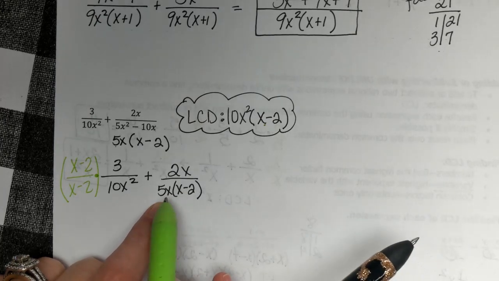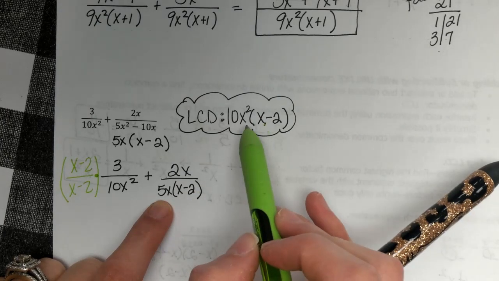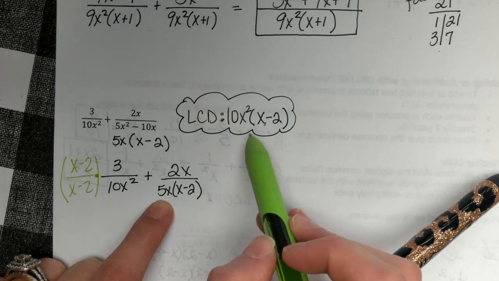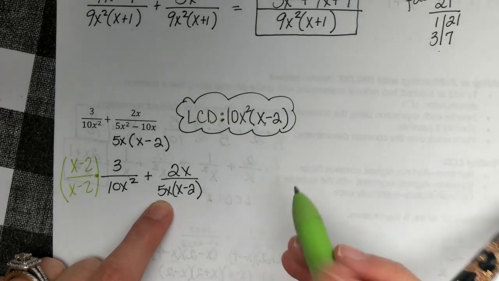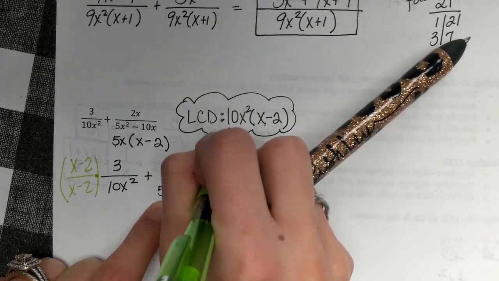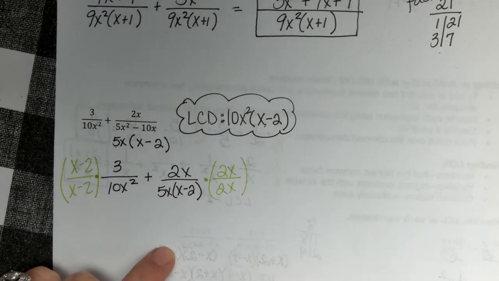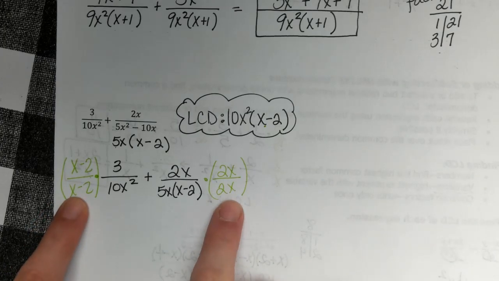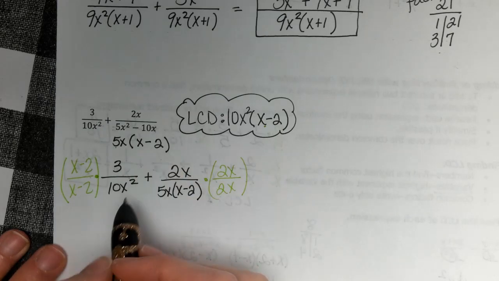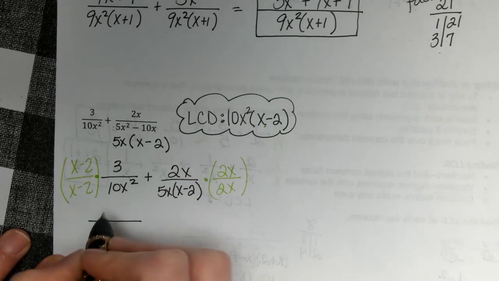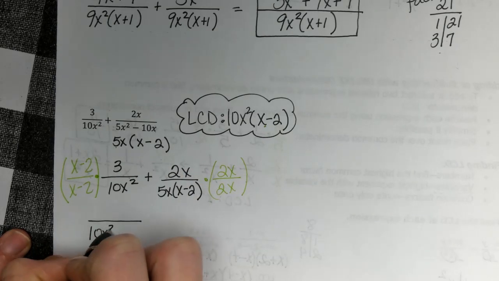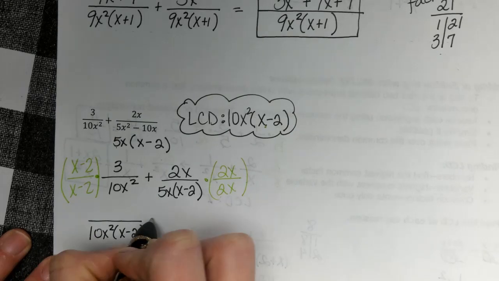And then 5x times x minus 2 compared to 10x squared x minus 2. What am I missing? What do I need to multiply by? 2x. Are we okay with that? Do we know how to find what to multiply by? Okay. So then the denominators become 10x squared times x minus 2.